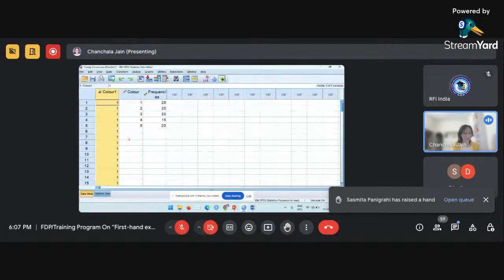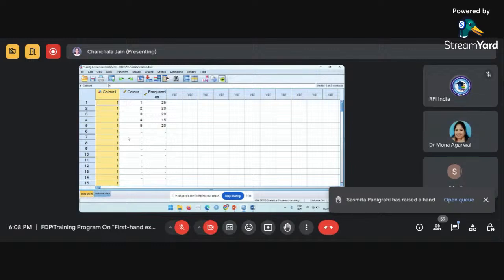I think you all have read the case, that condition problem, right? So understanding that and looking at the data, tell me which chi-square test I need to perform here: goodness of fit or test of association. Goodness of fit, ma'am.